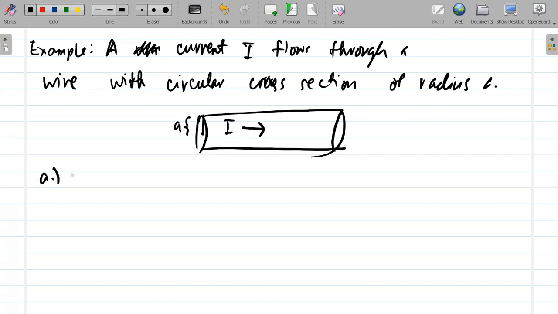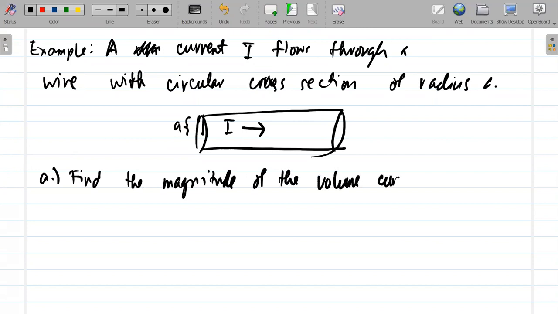So the first is find the magnitude of the volume current density J. So kanina 'di ba J vector? This time magnitude lang. So how do we solve that?